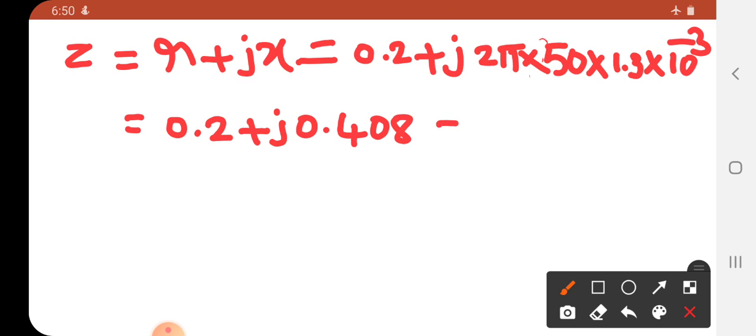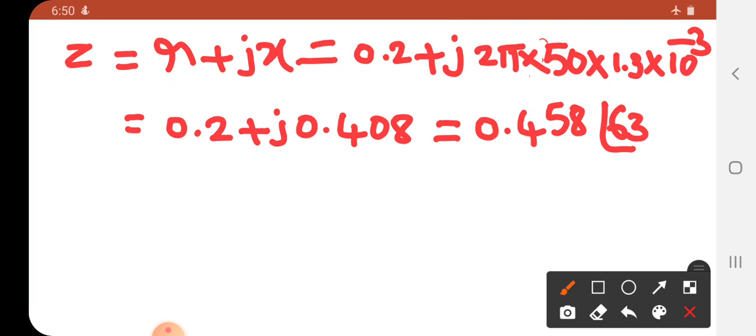Or you can also write in polar form as 0.458 at an angle of 63.88 degrees.